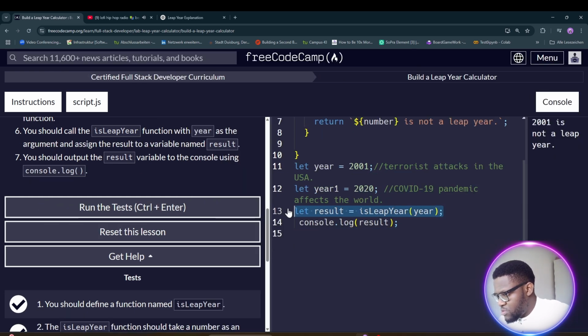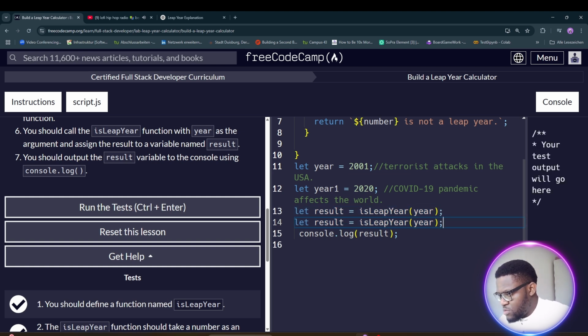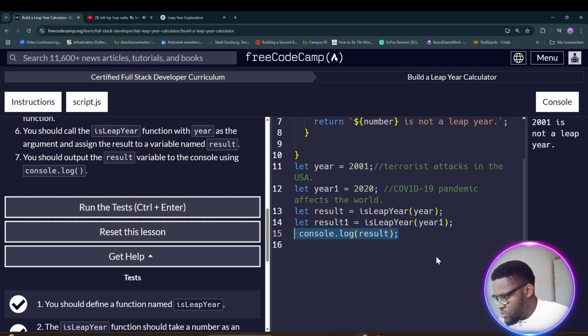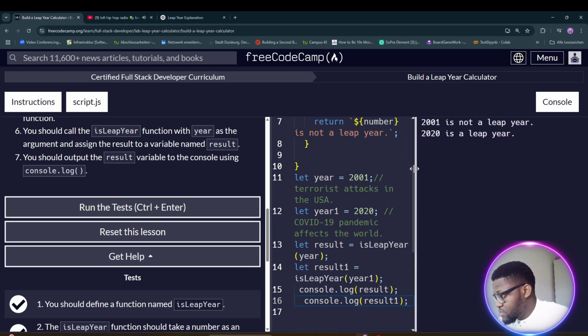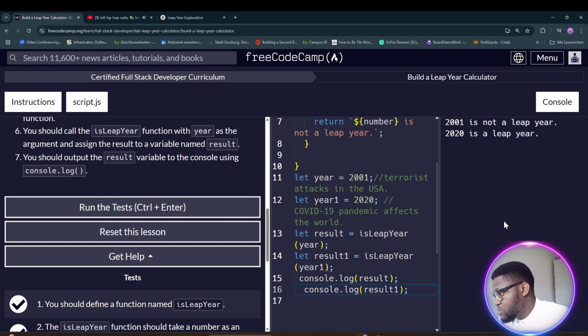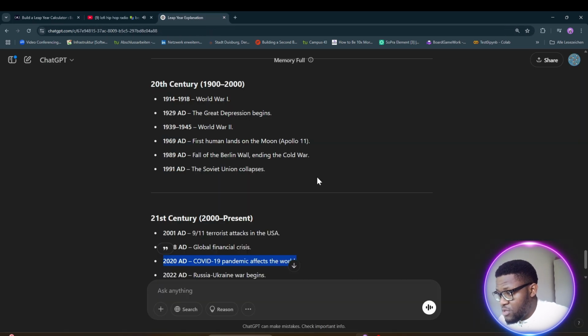Yeah, I should create some result. The result variable should be, so console.log result. 2001 is not a leap year, and 2020 is a leap year.